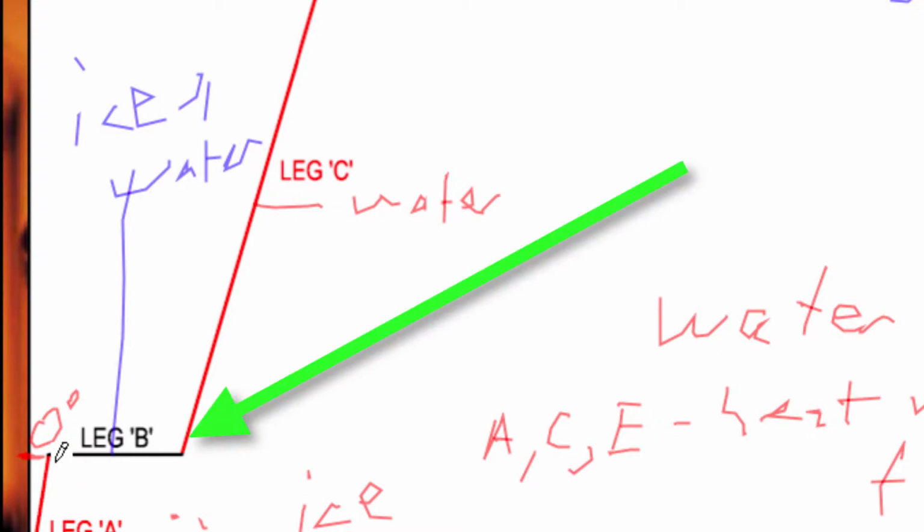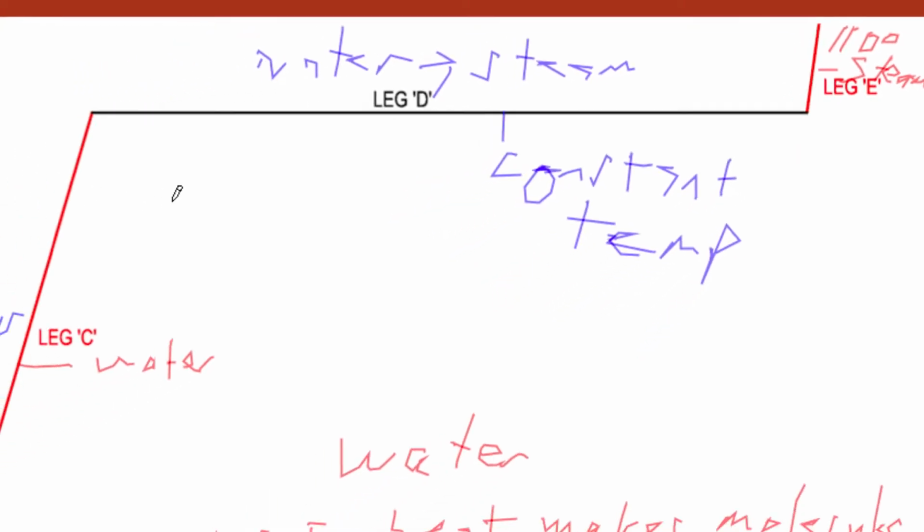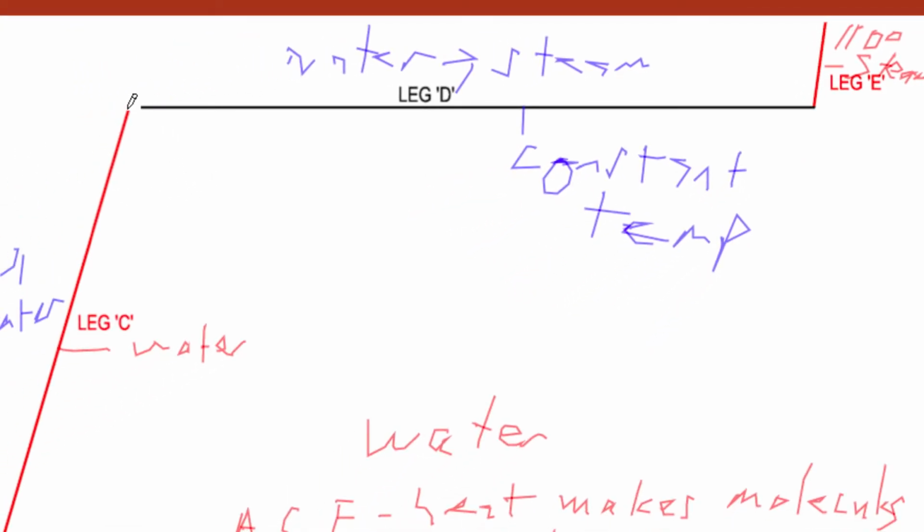And notice the temperature doesn't change until all of the ice is melted and it's all water. The temperature up here doesn't change until all the water turns to steam. Okay, we would say, well, where does the water start to boil? Okay, that's right here, right?